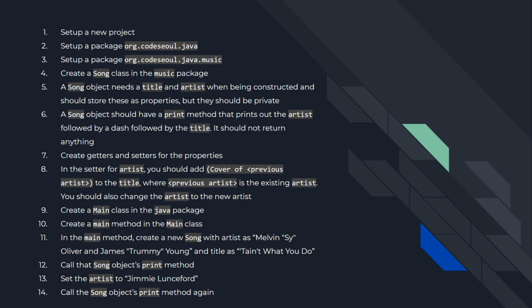So here are the instructions, and these are super detailed, guiding you step by step on what you should do. But to summarize, I'm asking you to create some packages and create a song class with a few different properties, set up getters and setters for those properties, and then create song objects from that class and use their getters and setters and do printing and stuff like that.